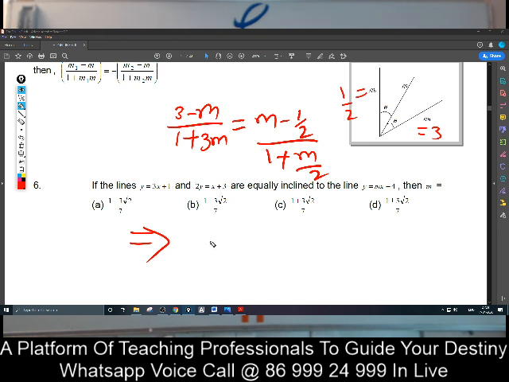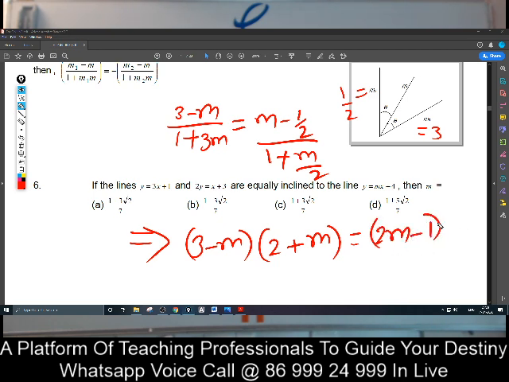Let me finish this. 3 minus M into 2 plus M is equal to 2M minus 1 into 1 plus 3M. That means you will get a quadratic here. By solving this quadratic, I think you will get two roots. One of them, someone answered, is 1 by 2.